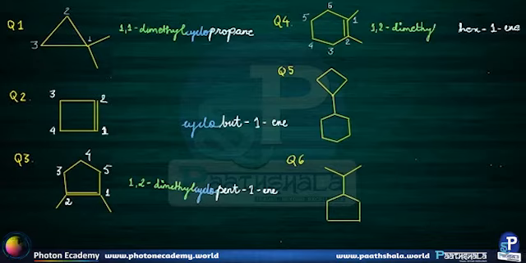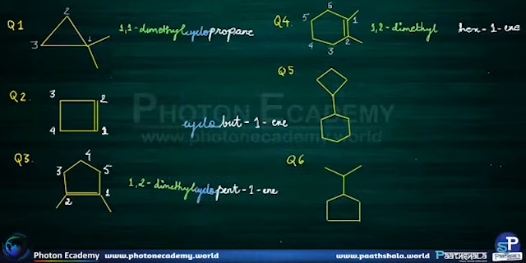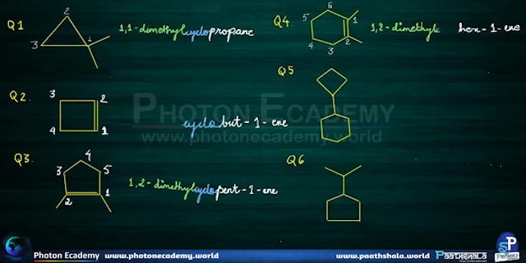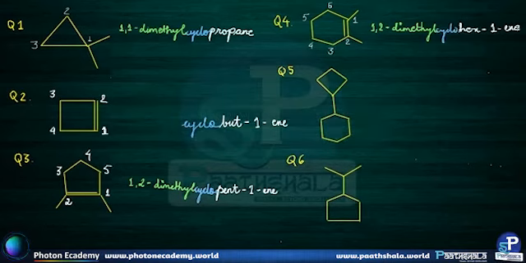Now, in naming of cyclic compounds, whenever we name cyclic compounds, we use cyclo before the word root. So, in connecting the prefix and the word root, we'll place the word cyclo right over here. So, this is the correct IUPAC name for this compound: 1,2-dimethylcyclohex-1-ene.